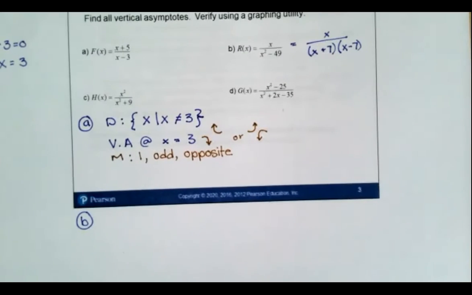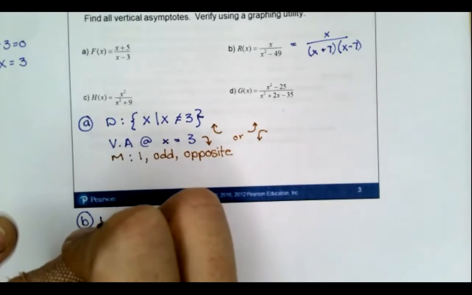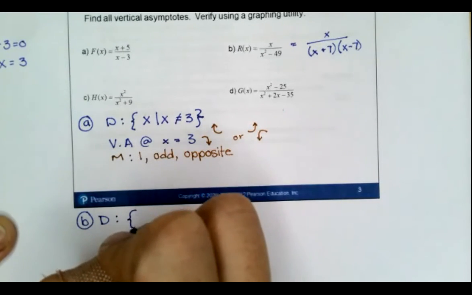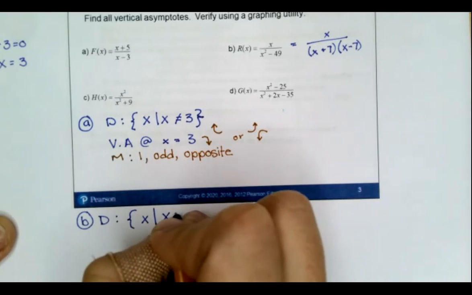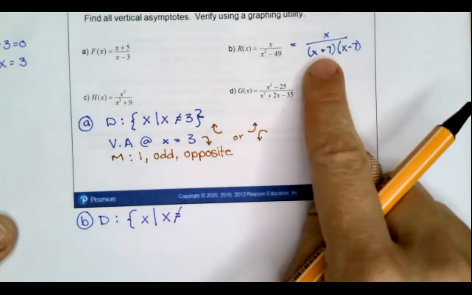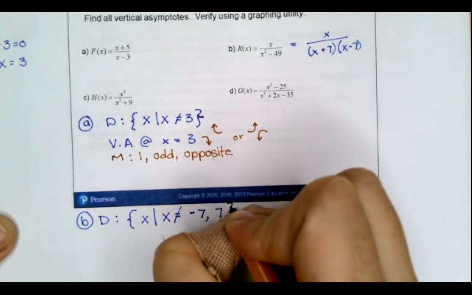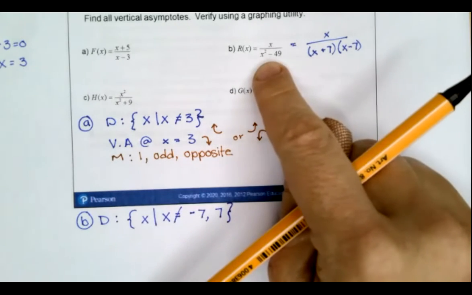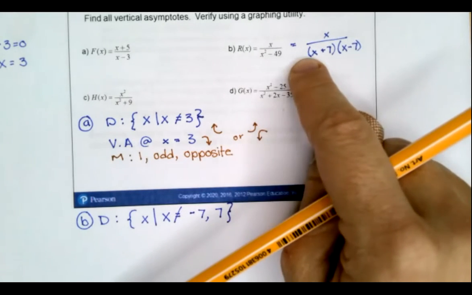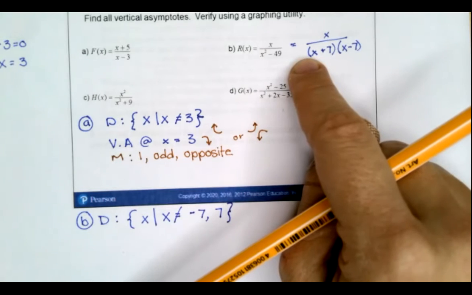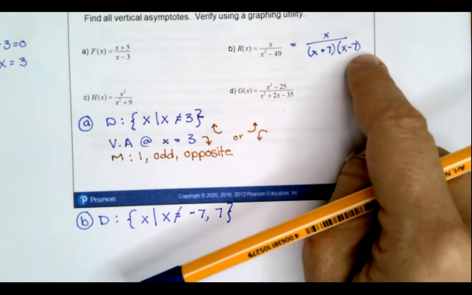So B is that my domain is x such that x cannot be, and you can just kind of see it, right? x cannot be negative 7 and x cannot be positive 7, because we took the difference of two squares, we factored it, and we got x plus 7 as one of the factors and x minus 7 as one of the factors.